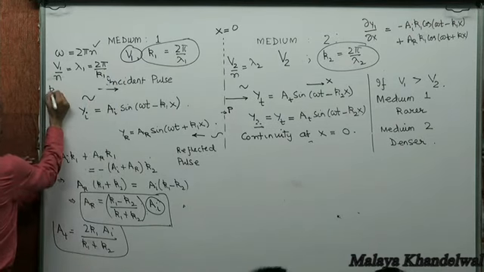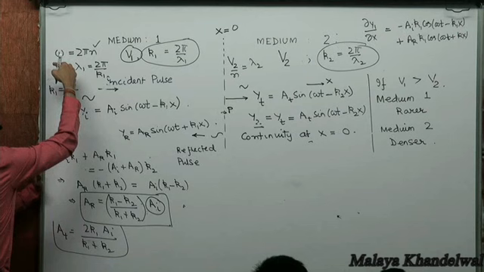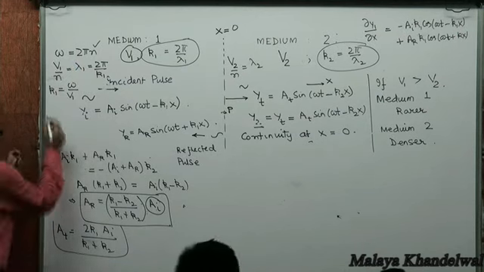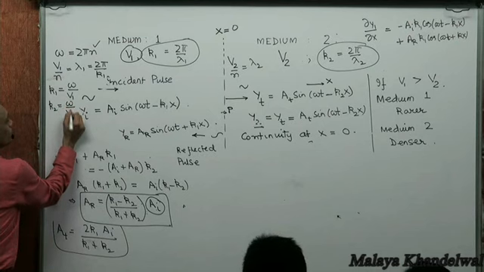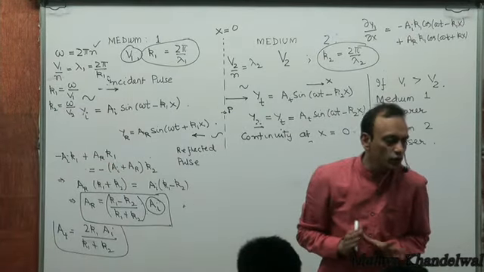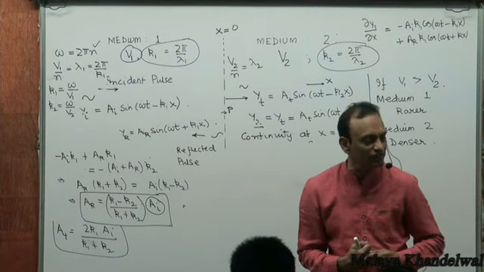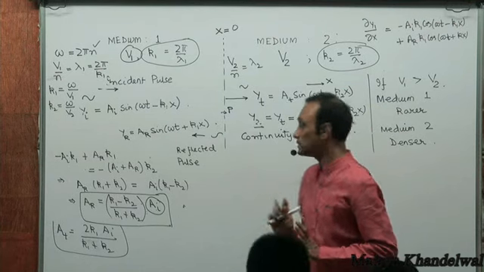So very clearly, k1 is 2 pi by lambda 1, which is omega by v1. Similarly, k2 is going to be omega by v2. So I can write k1 and k2 in terms of the speeds in the two media, v1 and v2. Omega is the same for both the media. Omega will not change ever, right?